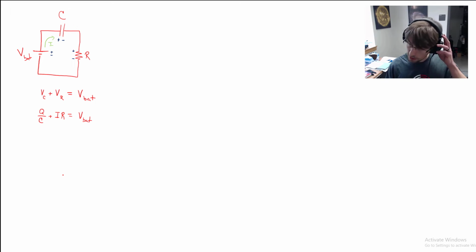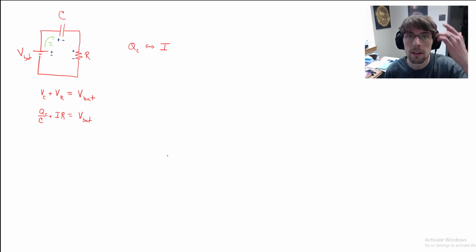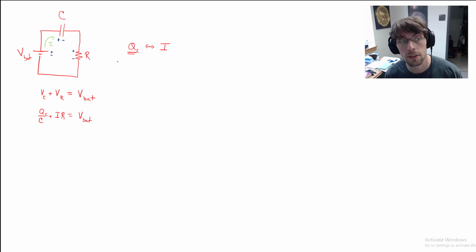Now let's ask ourselves the situation now. How does the charge on the capacitor, maybe we'll call this QC for a moment, how does the charge stored on the capacitor compare to the current I that crosses through the resistor? Here they are directly related, right? If I put some charge onto the upper capacitor plate, that forces some charge off of the bottom capacitor plate, and that charge must pass through the resistor.